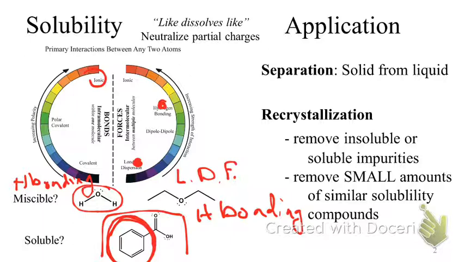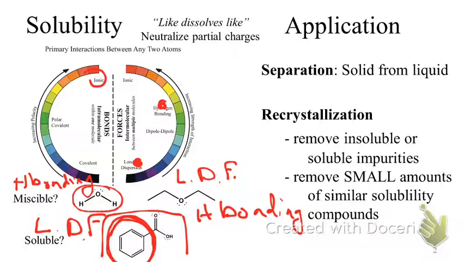So while it does have hydrogen bonding, we have those 4 to 5 carbons that are enough to overwhelm the hydrogen bonding aspect of the molecule, and we end up seeing London dispersion forces.